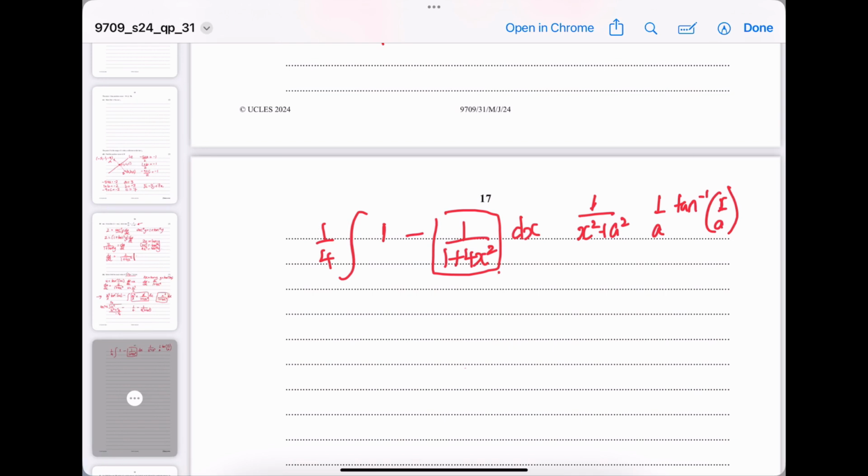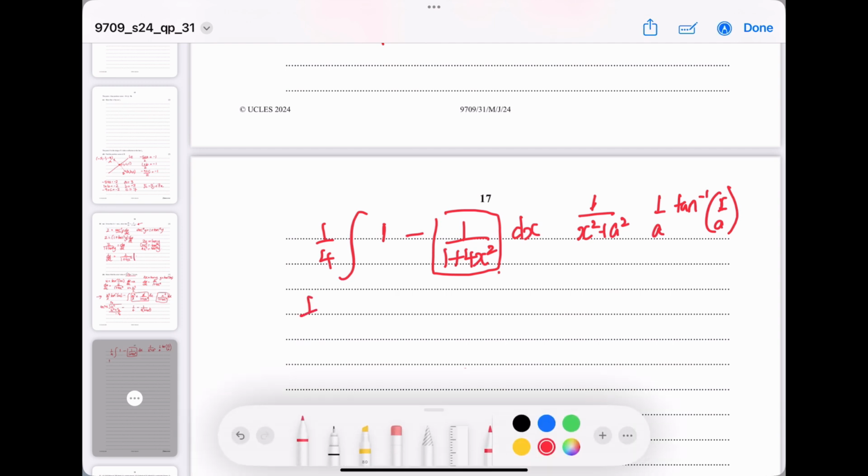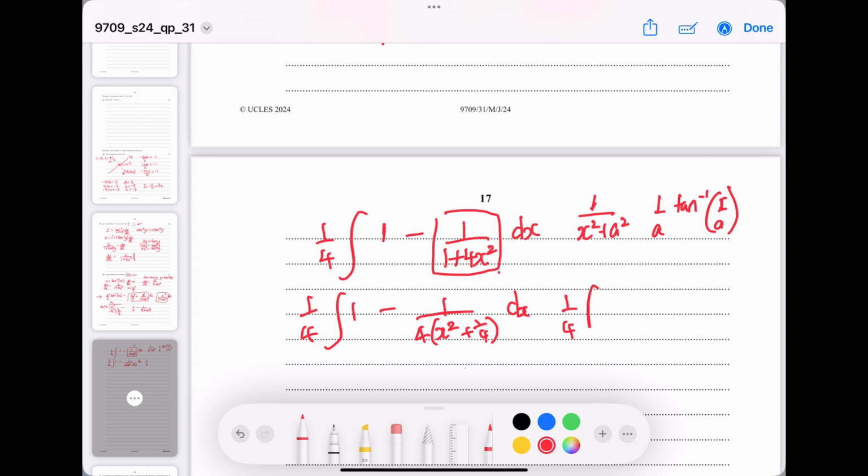So we want to rewrite this with just x squared. So this is going to become, bring the 4 out, and we've got x squared plus 1/4. And so that is equivalent of 1 over 4 times x squared plus 1/2 squared dx.